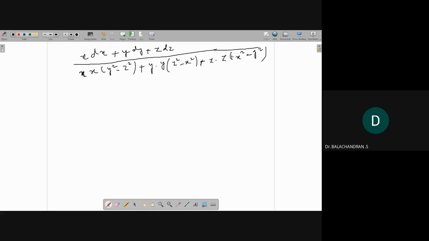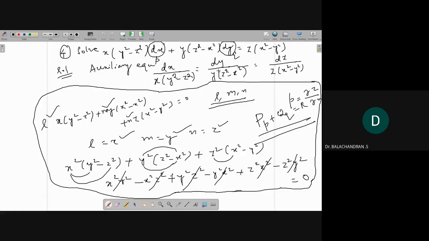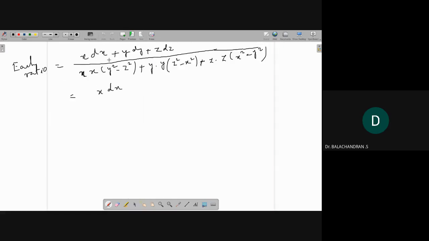Okay, now this is equal to, so each ratio is equal to, you should write, each ratio means this ratio and this ratio and this ratio is equal to this ratio, and the denominator is 0.